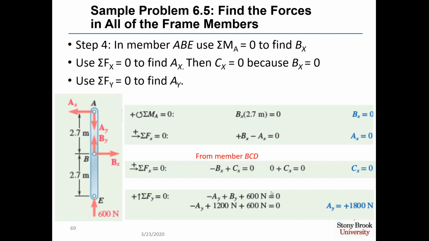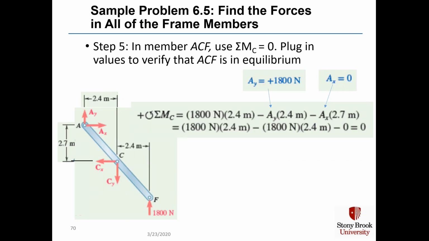When we sum the forces in Y and set that equal to 0, we have minus AY plus BY plus 600 newtons equal to 0. We knew that BY was 1,200 newtons from calculations before, which means that AY has to be 1,800 newtons.